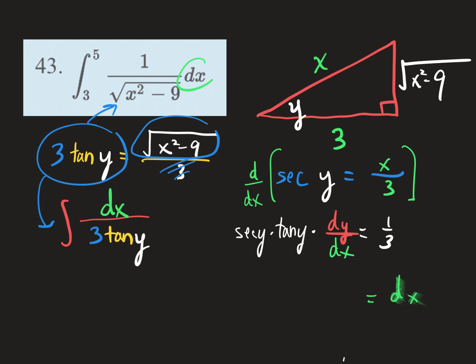Solving this for dx, we have dx equals 3 secant y tangent y dy. And now we can make our substitution in there.